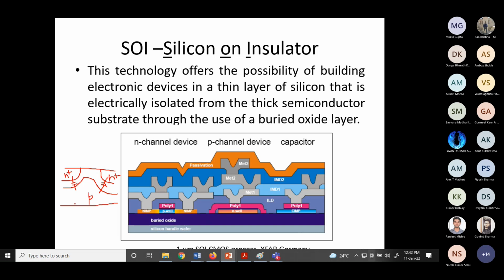We don't want this type of capacitance. All these parasitic capacitances will ultimately create problems if you have high frequency circuits. So if you want to use your devices in the high frequency region, this will create problems. When you are reducing the dimension or making the short channel MOSFET, one of the advantages you want to achieve is high frequency.